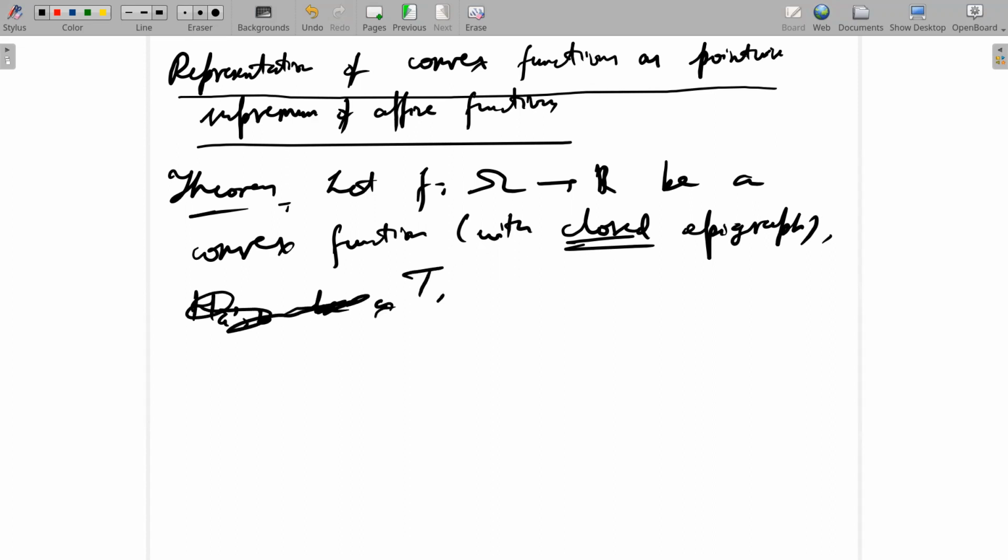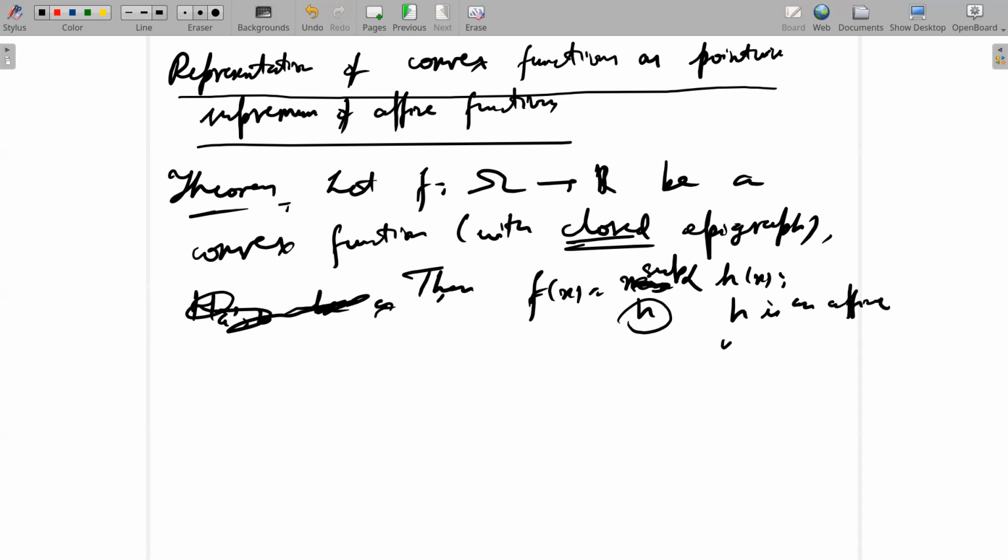Then f(x) is equal to the supremum over h(x), where h is an affine underestimator of f. Affine underestimator means h is an affine function and it is less than or equal to f. So what it asserts is that f is in fact equal to the supremum of all such affine functions.